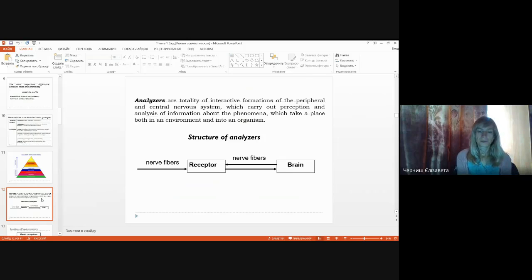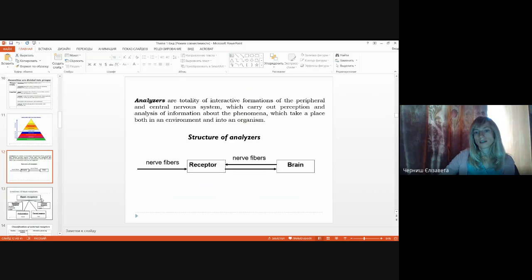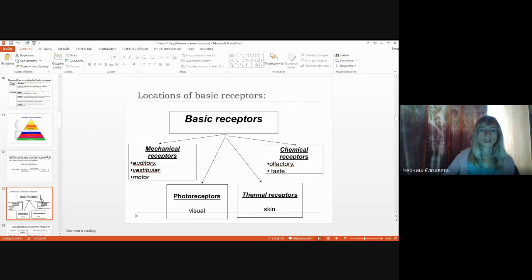Please see more detail about the structures in the literature references. Now we will talk about the location of the basic receptors.